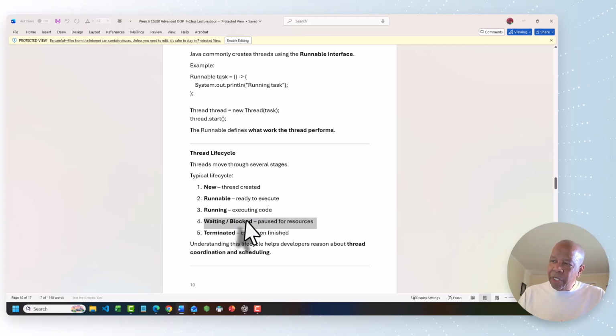Because of this waiting or blocked state, a particular thread may not run in sequence. So we have new, runnable, running, waiting or blocked, and then terminated. The thread is finished. Understanding these cycles helps developers reason about thread coordination and scheduling.